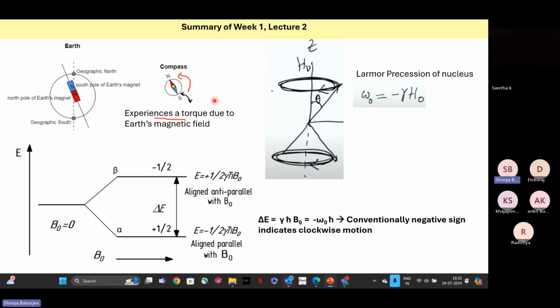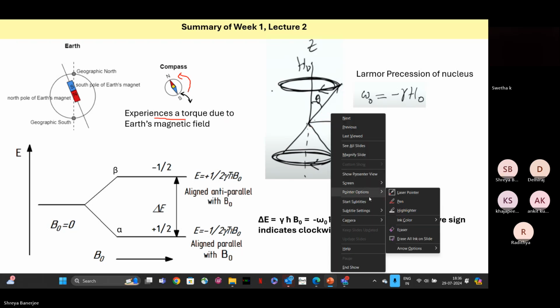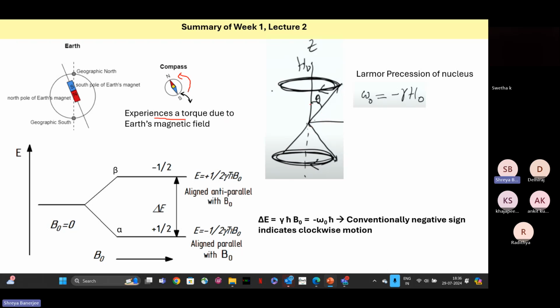Similarly is the case of the nucleus. So in the nucleus, the nuclear spin, suppose it is initially directed only along this direction. But because of the external magnetic field, like the compass needle is experiencing a torque due to the Earth's magnetic field, the nuclear magnetic moment is also experiencing a force due to this magnetic field.